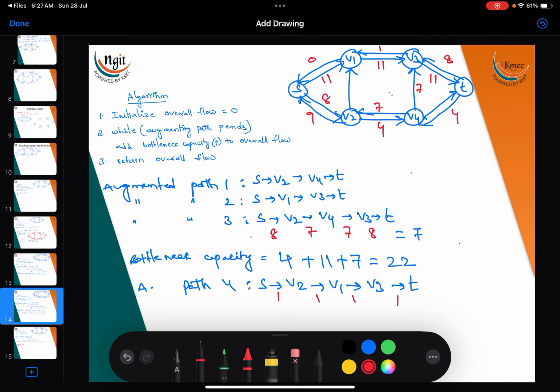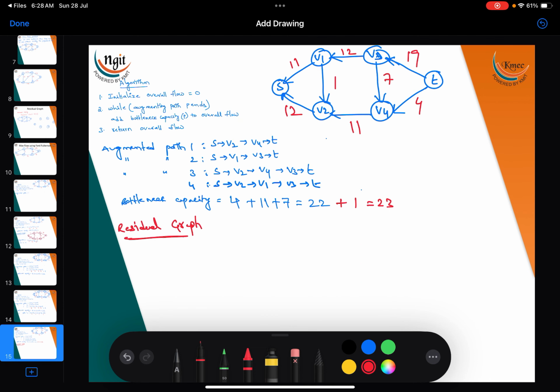Because residual graph values are turned to this side, right? 0 and 9. So there is no augmenting path from source. So as you did not find any flow from S point, there will not be any augmenting path generated. So finally, the augmenting path value is no.